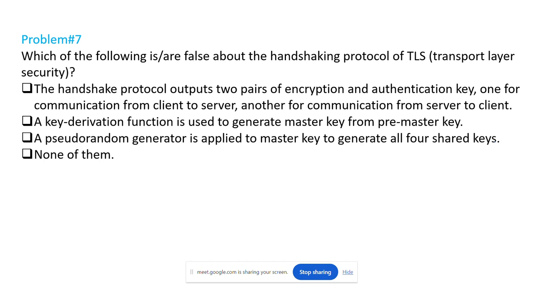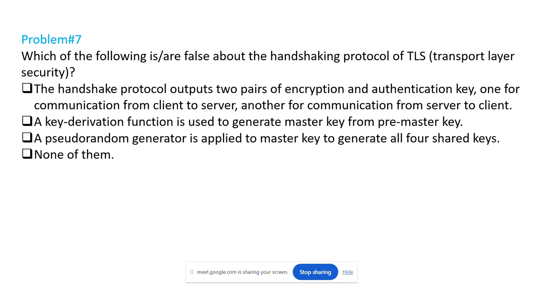Then the key derivation function is applied on that pre-master key and some other values like nonce and others, and derives the master key, and from the master key the PRG is applied and the set of four keys is generated.